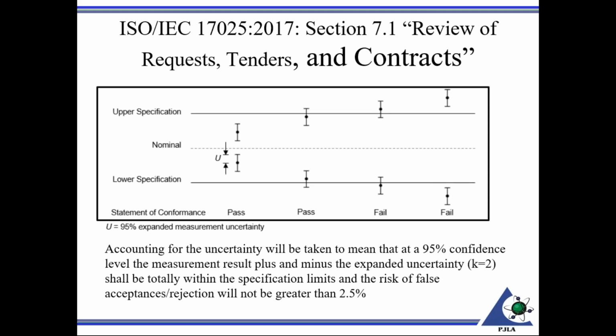So as far as the requirement under 7.1.3, the customer needs to be aware and needs to agree to the decision rule. So that needs to be presented up front. Could be on a quote, could be on the contract, something that would show that the customer did see it and has agreed to it is the gist of this requirement.